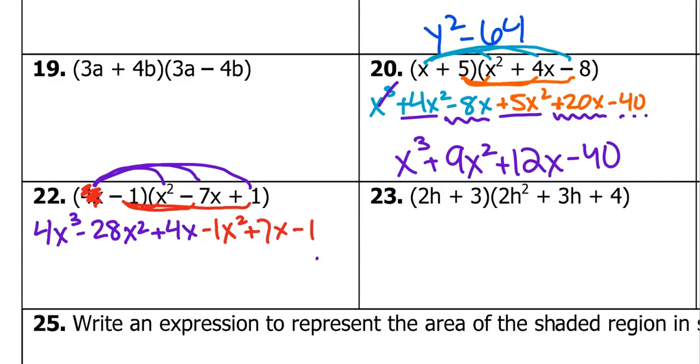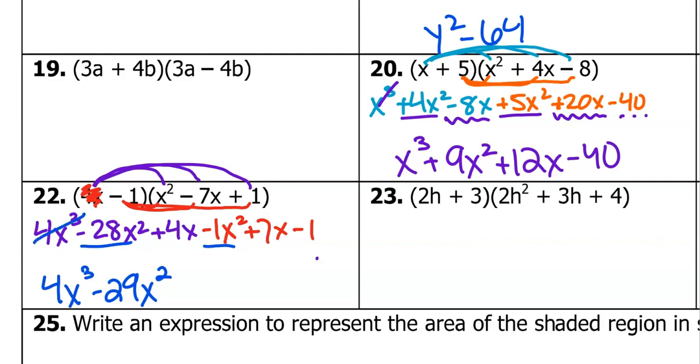Well, 20 is Jonathan, so help me combine like terms. 8x squared. What does that give me? Negative 28 minus 1. Negative 29. Good. Something should go in front of that, though. What should go in front of it? The 4x cubed, right?